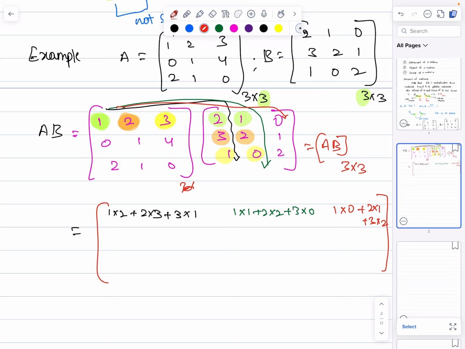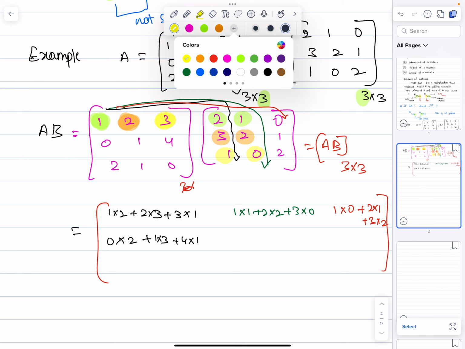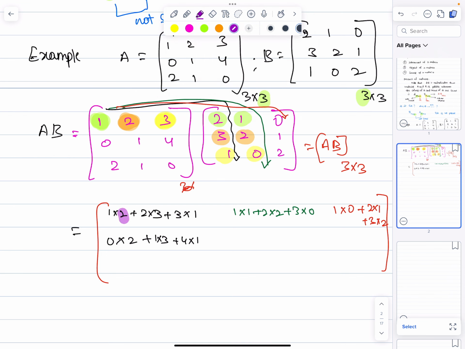You have to calculate similarly the second row, that is 0 into 2 plus 1 into 3 plus 4 into 1. You look at all these numbers, one below the other, always matching. For example, 2, 3, 1 must be same in all those.